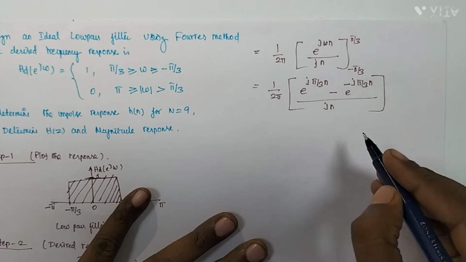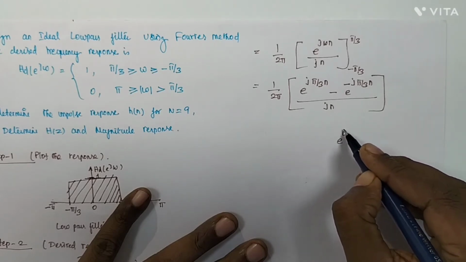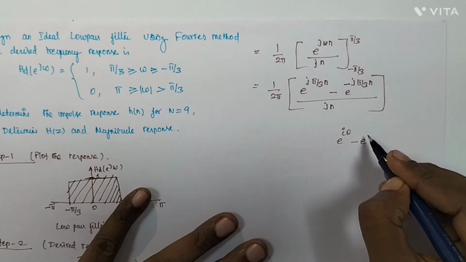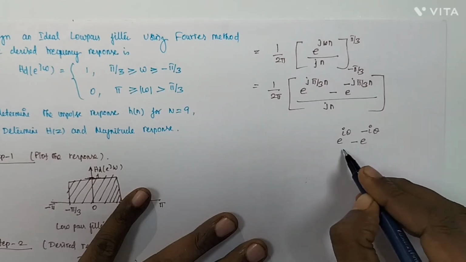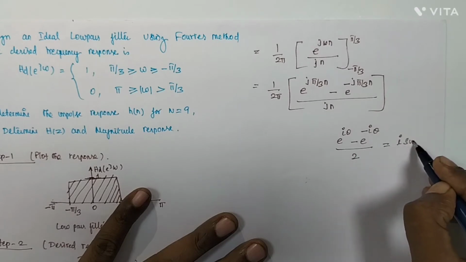You know the formula: e power i theta minus e power minus i theta by 2 is equal to i sin theta.